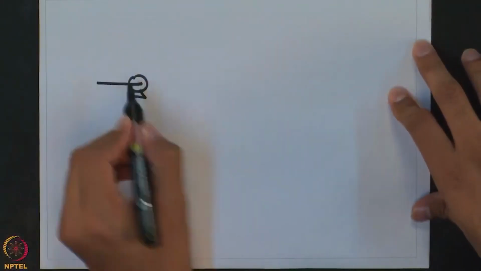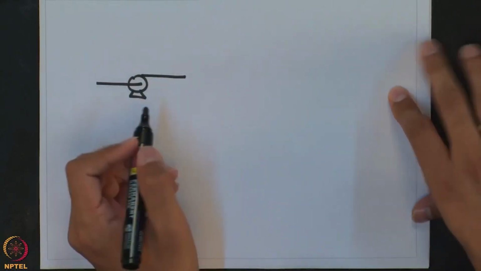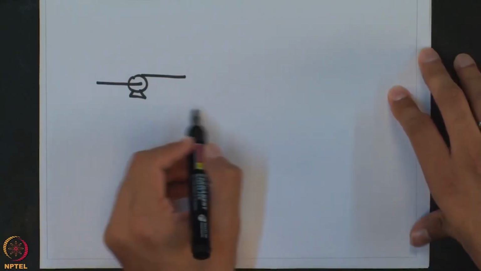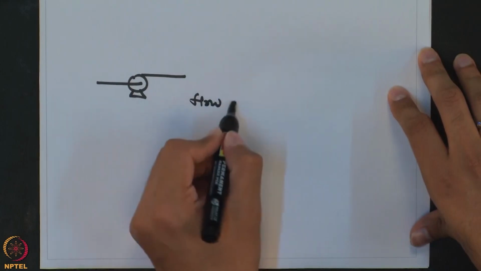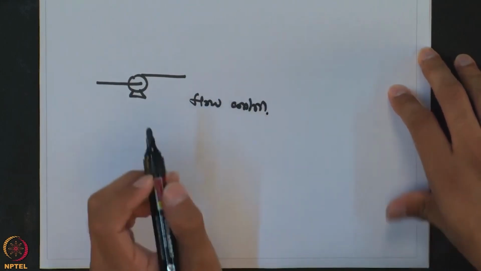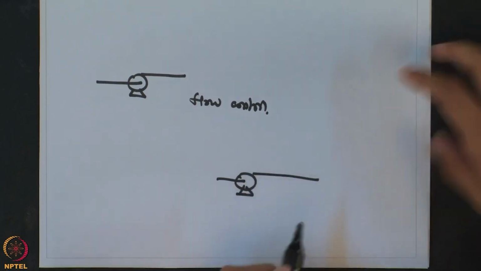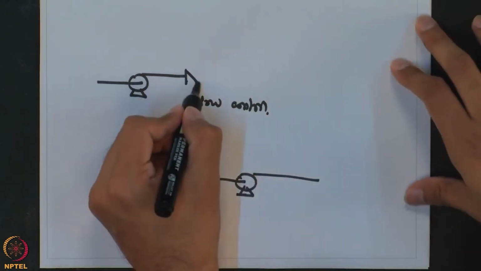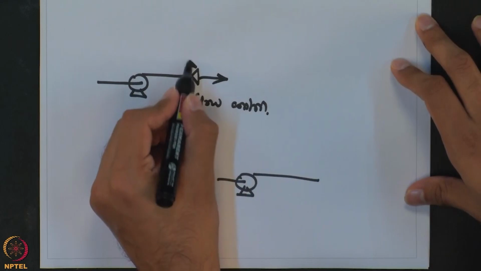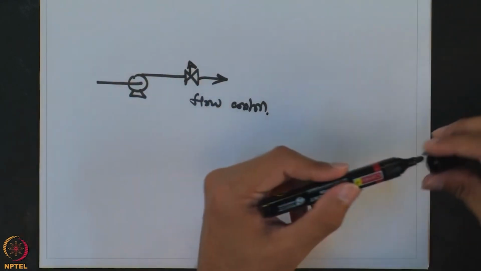So you have a pump which is going to deliver this flow. There are two ways in which this flow controller can be implemented. One is simply having a valve at the outlet.